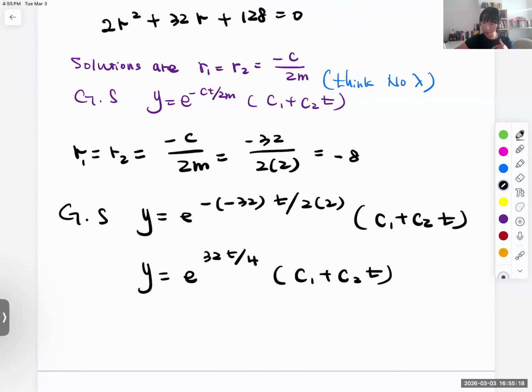Because we have a negative, right? So negative, but then we have a c equal to positive 32. So negative 32, right? But then the form is e to the negative ct. So we have negative, negative is positive, right?